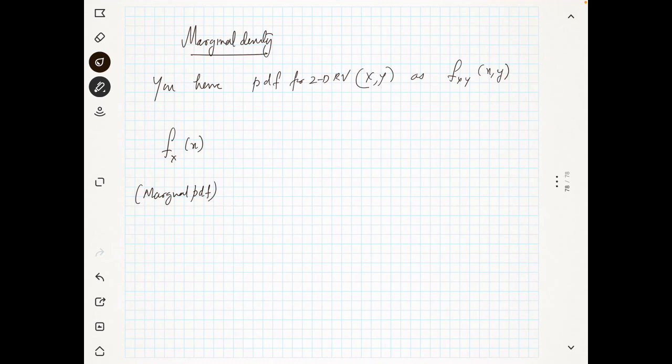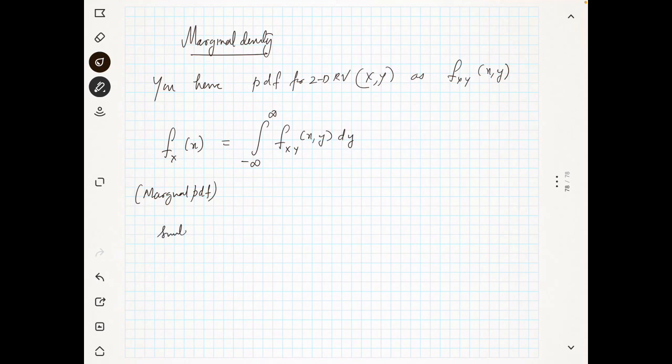Actually you have a two-dimensional random variable, but now we are talking only about x, given that y takes all the values. That means you are assigning certainty to y, so you integrate from minus infinity to infinity. You have the PDF f_XY of x, y, and you integrate with respect to y, averaging throughout all possible values of y. That is known as f_X of x.